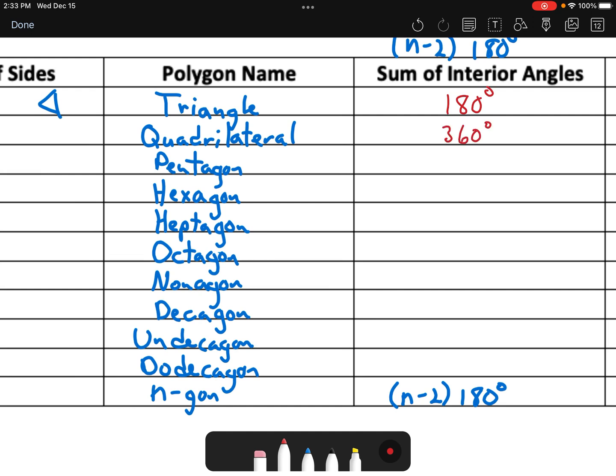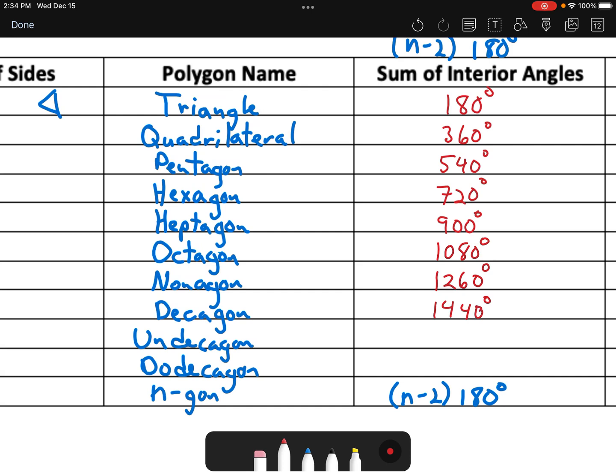A quadrilateral then is double that, 360. A pentagon is 540, and you can notice we're just adding 180 each time. So an octagon is 1080. You don't have to memorize this. It just helps. Okay, decagon's 1440. Ooh, and then I'm stuck.